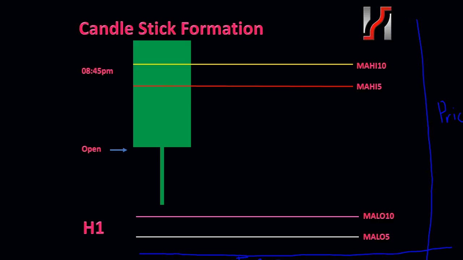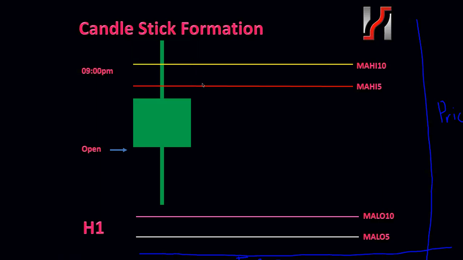The price continued to rise up to maybe $2 plus, and goes through my 5 and 10, and then another 15 minutes goes by. Obviously it went back down to this particular price level. So at 9 p.m. this candle closes here, and obviously it's exactly the same as what happened down here.